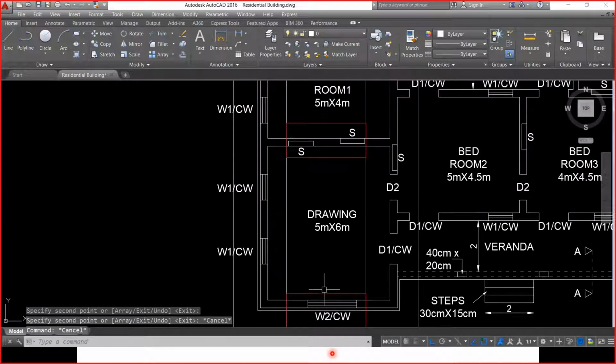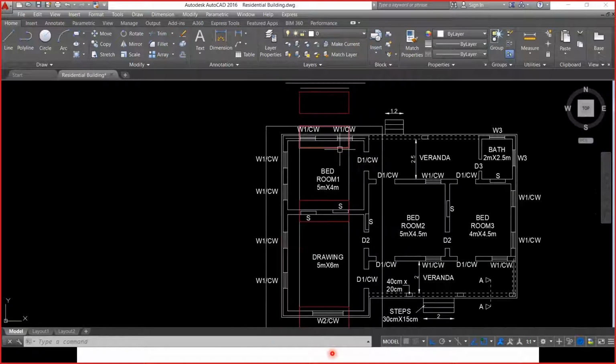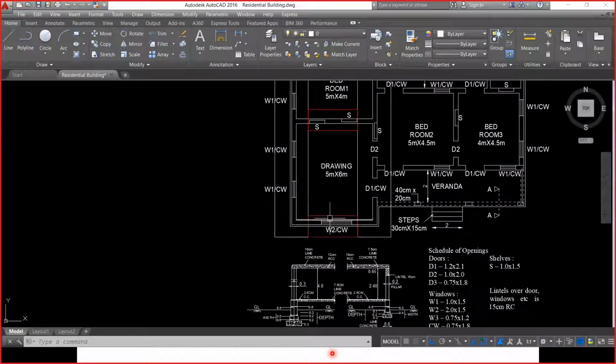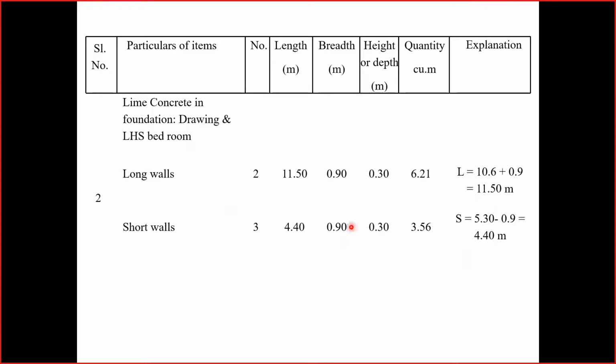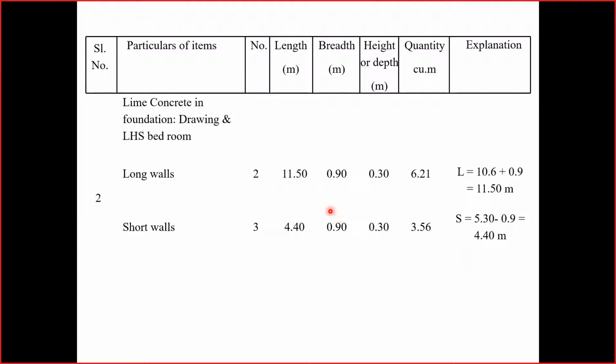This is short wall number 1, 2 and 3. In order to lay the first layer of lime concrete, we require a total amount of 3.56 meter cube of lime concrete.